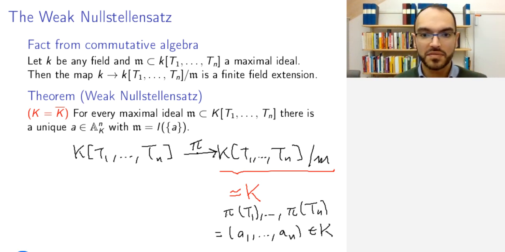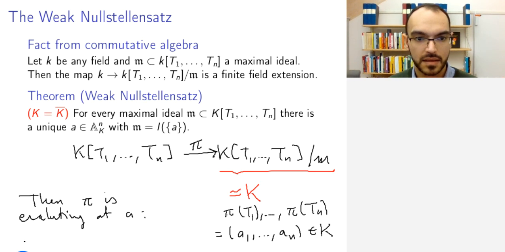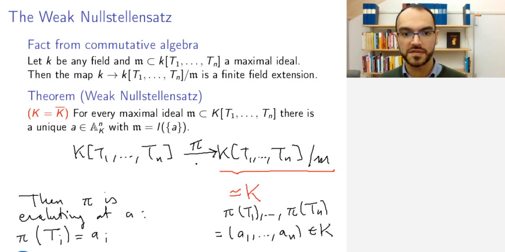But then, if we view this isomorphism as identification, then pi is evaluating at A. Because if you take pi of some ti, this will simply be ai by definition. And since pi is a ring homomorphism, it will map sums and products to sums and products, so polynomials in ti will be mapped to polynomials in ai. The value of the polynomial by definition at this point, ai.